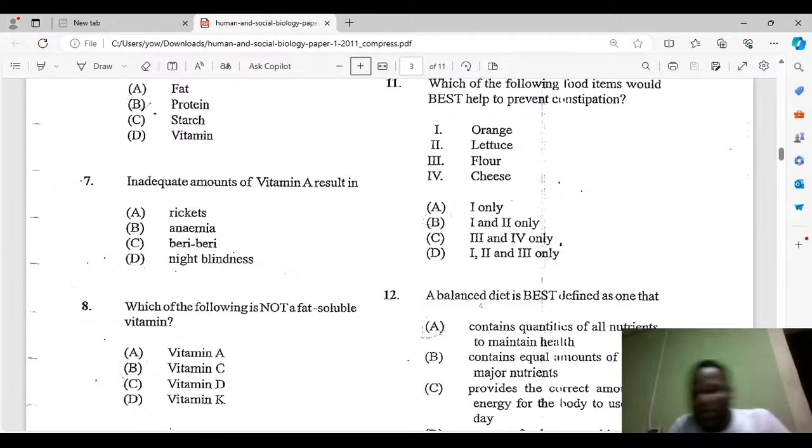Yes, guys, it's correct. B, because it's fiber. So orange and lettuce is fiber. Indeed. Let's go.